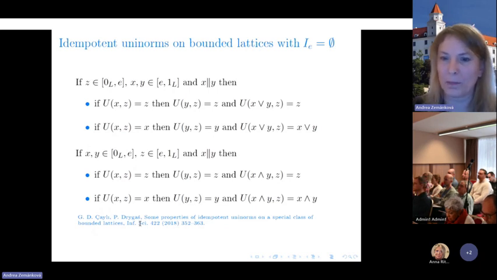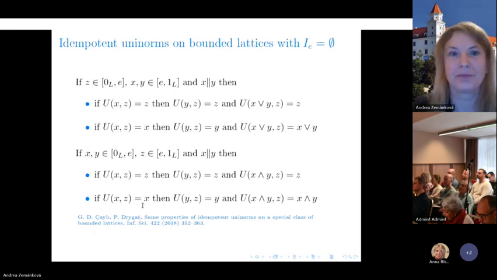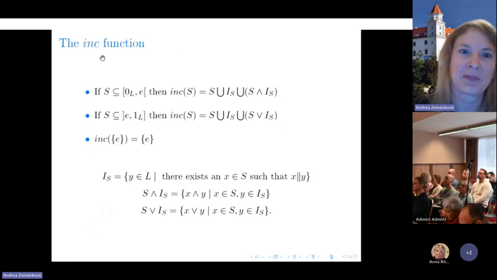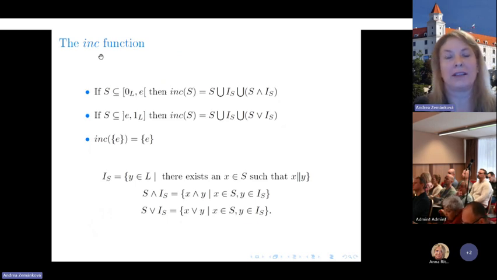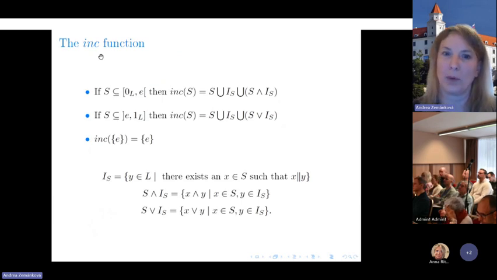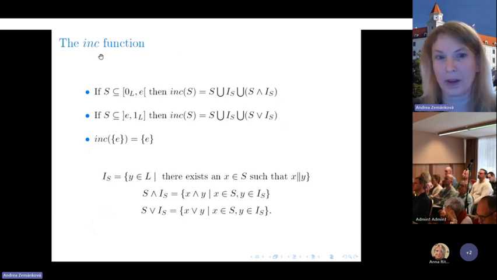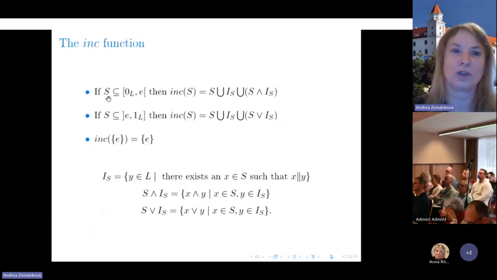How can we sort points of our lattice into sets where we will collect all points that are tangled together, and how to determine which points are independent? And for this, we have defined a very useful function inc, which will assign to a set a bigger set, which will contain also all tangled points. Since all points from the lower interval are comparable with all points from the upper interval, it is enough to talk only about the following subsets.